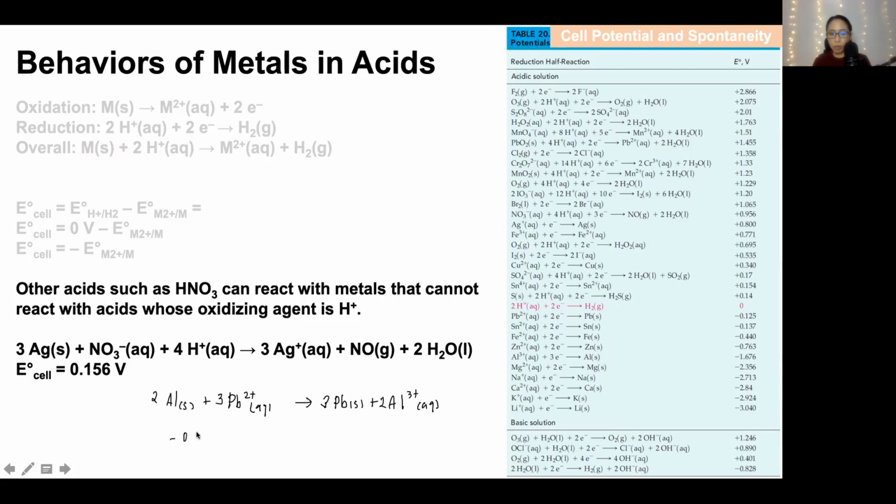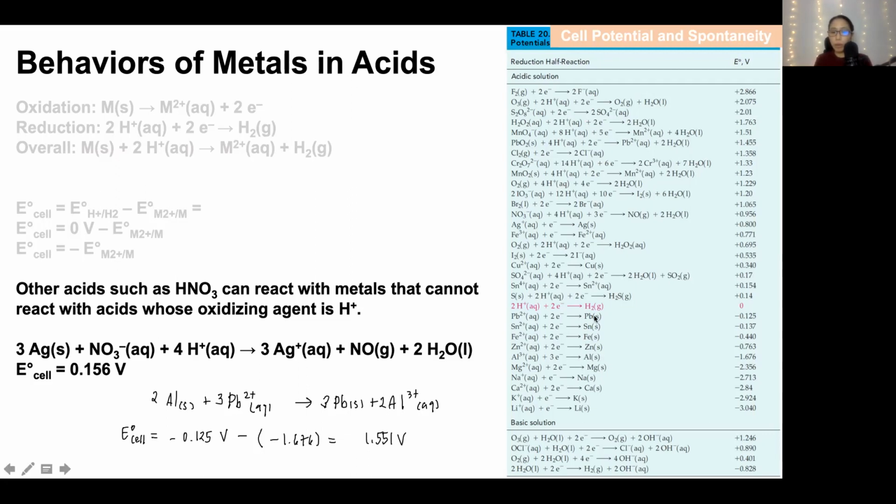So that's negative 0.125 volt minus the anode reaction, that of aluminum, which is the reverse of this one. So minus negative 1.676. So it's 1.551 volt. So this is spontaneous. Aluminum can spontaneously displace lead 2 ions.